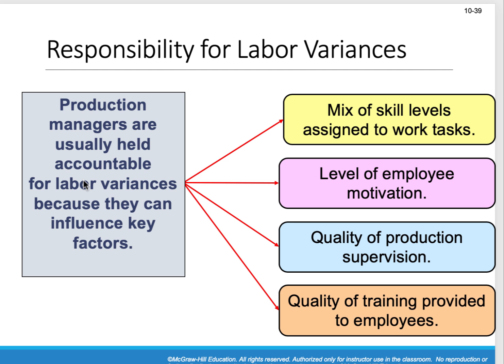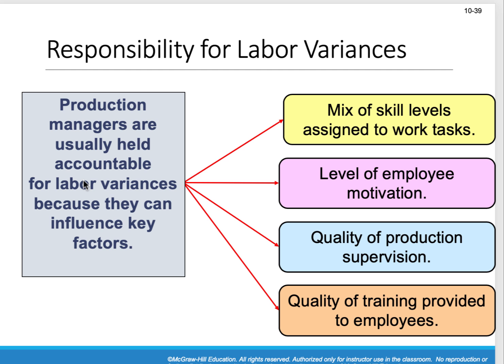Employee motivation, right? Why did you have an unfavorable labor efficiency variance? Well, employees aren't motivated, they don't want to work. Supervision, or the quality of the production supervisor, obviously does impact all of these things. The level of motivation, hopefully they can motivate their employees.